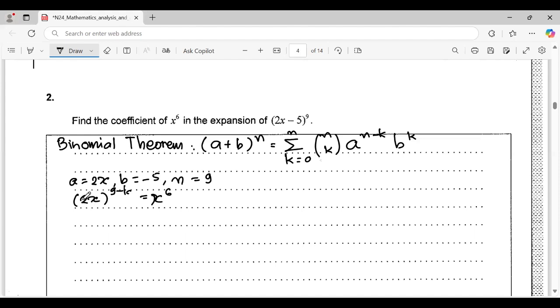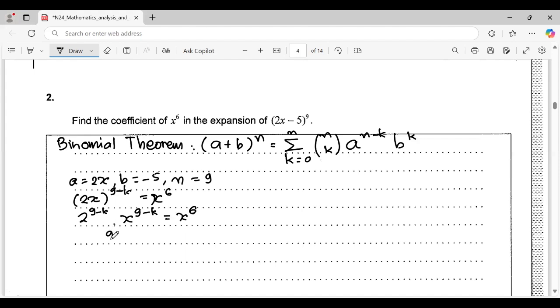Now we can simplify. This becomes 2 power 9 minus k times x power 9 minus k equals x power 6. Pay attention to x power 9 minus k equals x power 6.